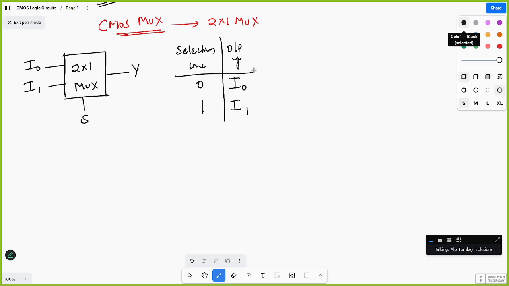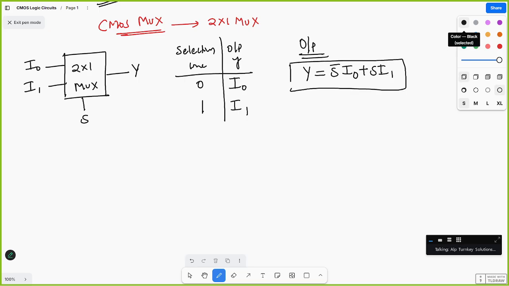If the selection line is 1, I1 is connected. Okay, what is Shannon's equation? Y equal to S bar I0 plus S I1.